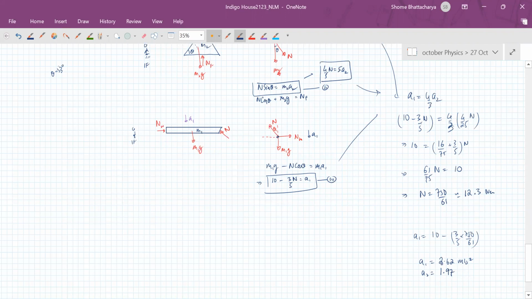Okay, so these are the values of A1 and A2. So this is a further more complicated type of question involving what we call the wedge constraint along with free body diagrams.